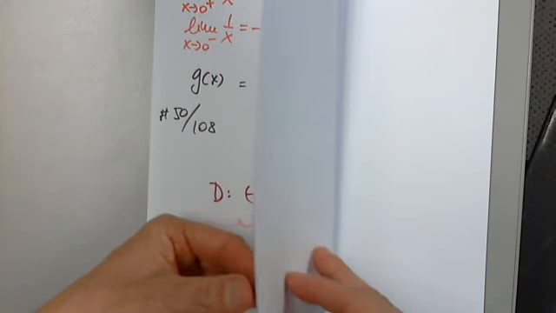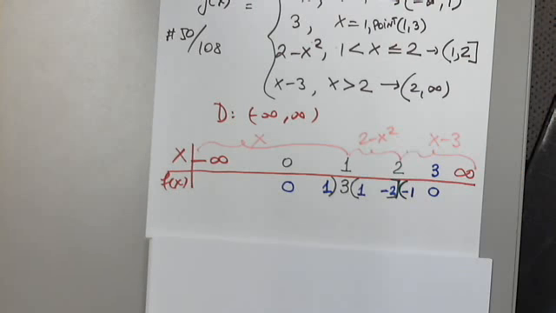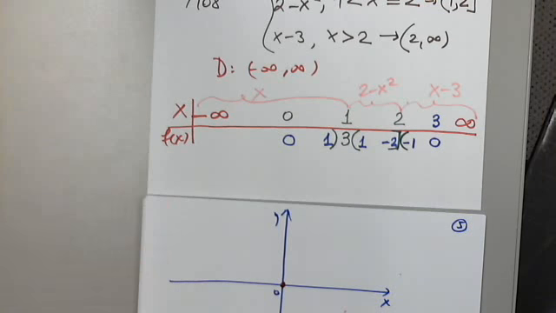Anyone? Okay. So now let's graph. From left to right, please give me the first ordered pair. Very good. The first ordered pair is 0, 0. Next ordered pair, please. What type of point is this?